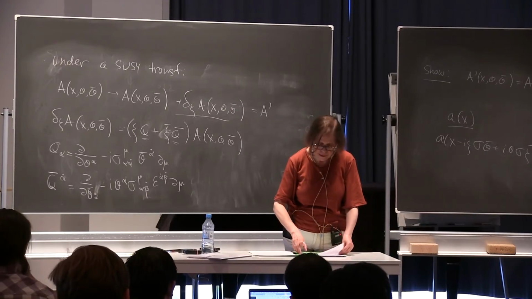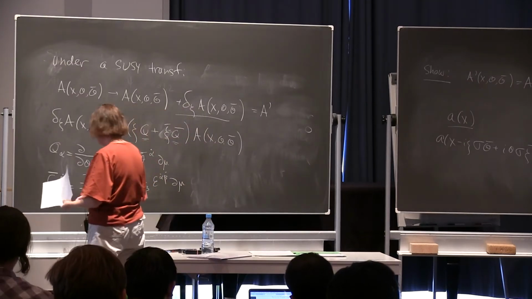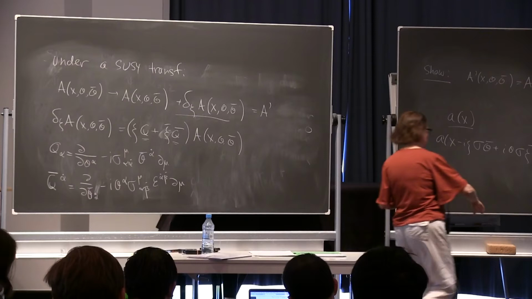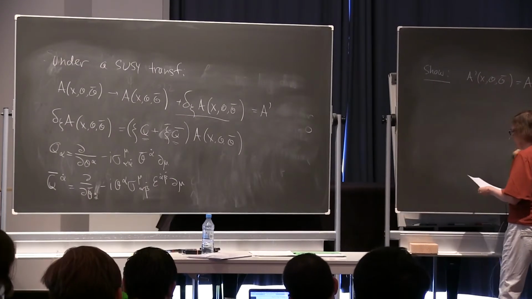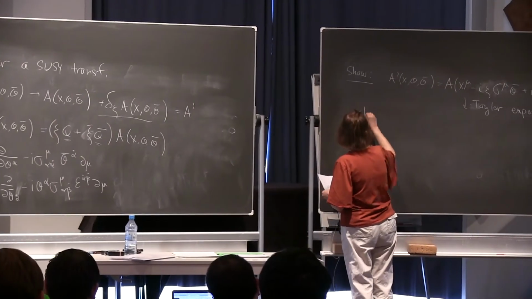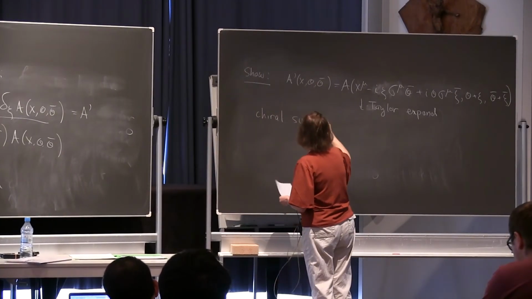Okay. So one place where we can really check this is going back to the supermultiplet that we had before. Before, we talked about the chiral supermultiplet.